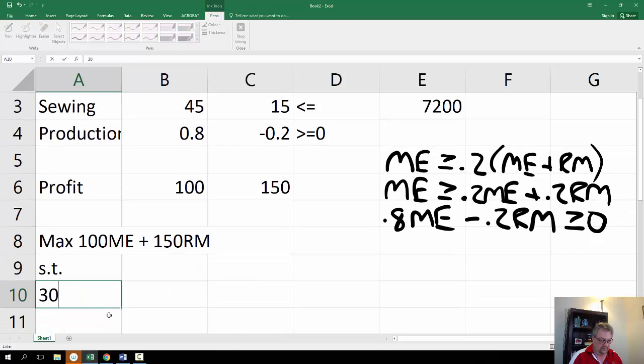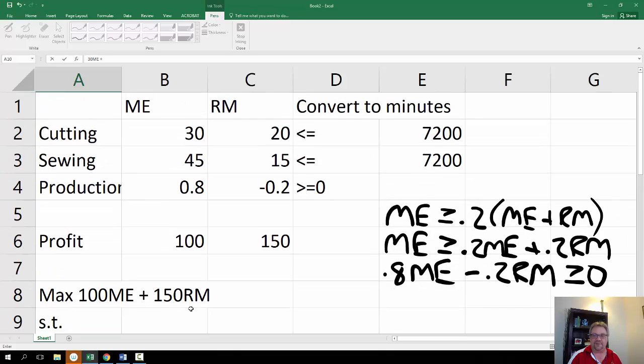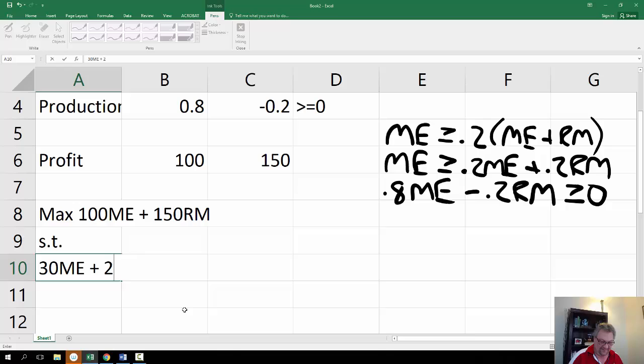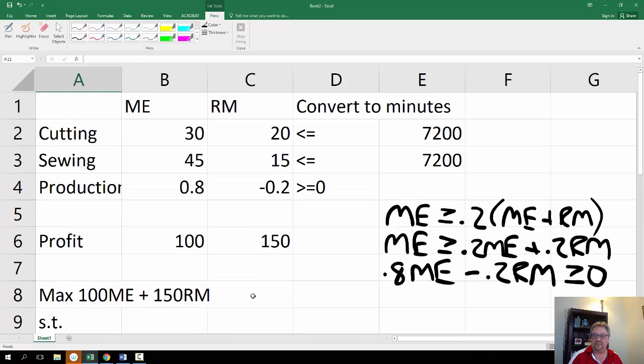30 Mount Everest plus 20 Rocky Mountain, and that had to be less than or equal to, I think it was 7,200. Yep.